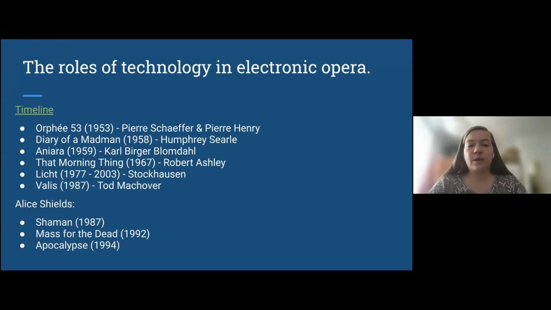Then, of course, we have Stockhausen. He comes up in every presentation, I fear, but he wrote his monumental Licht cycle, which is about 29 hours of music. This really is an electronic opera in the sense that he often uses synthesizers in his orchestra, which he called a modern orchestra.